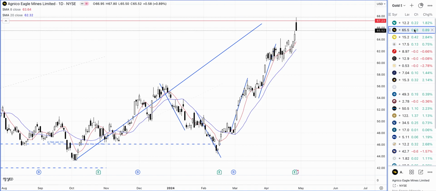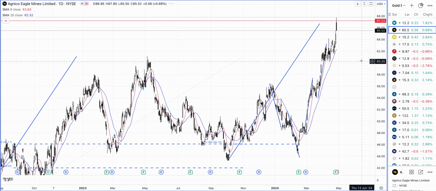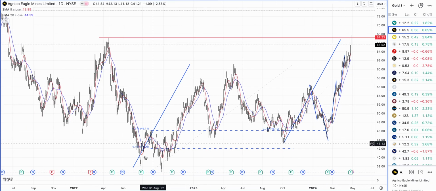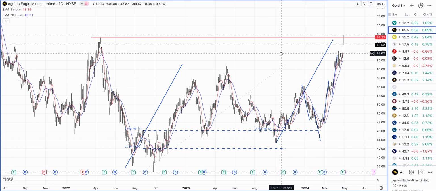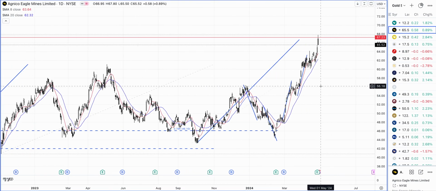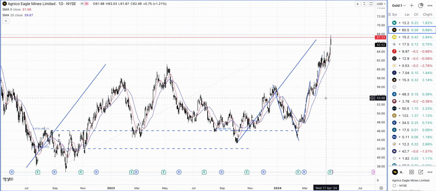Then the next one is the Agnico Eagle Mines. Here it has had a fantastic run, completed this ABCD that we were watching for, and I believe in the video that I had done, in which we looked at the miners, we had actually discussed this, and now it's gone and actually tested these highs coming in from 14th of April 2022, and it's just pulling back lower because it's completed our ABCD.